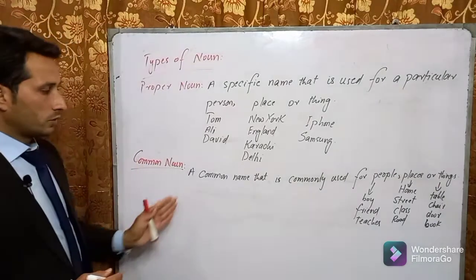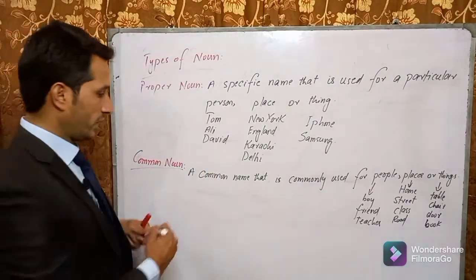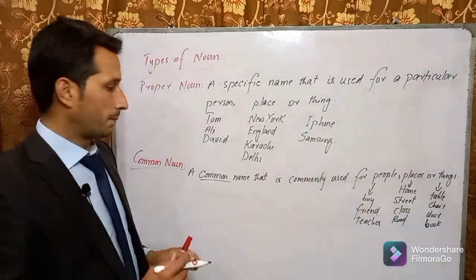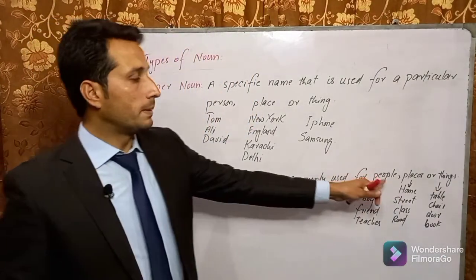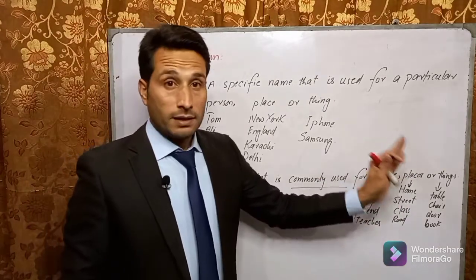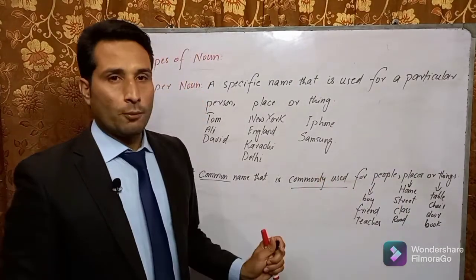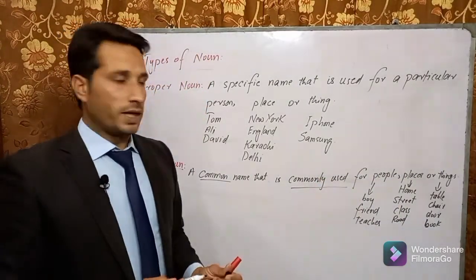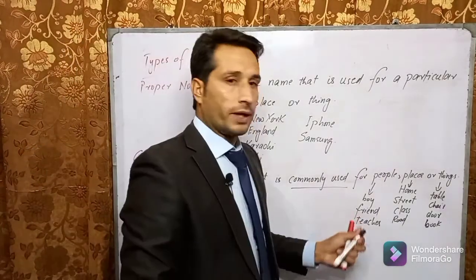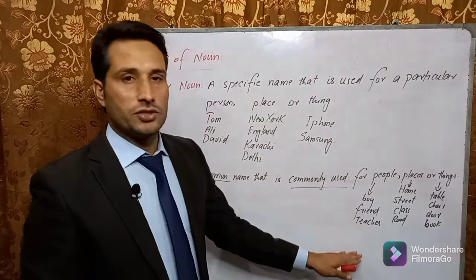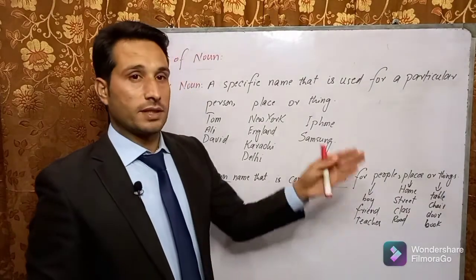Next, we have common noun. First of all, it's a common name, not a proper name. We commonly use them for people, places, and things. For example, boy. Now, boy is a common noun and we call every boy a boy. We call every friend a friend. We call every teacher a teacher, whether that is in any country.